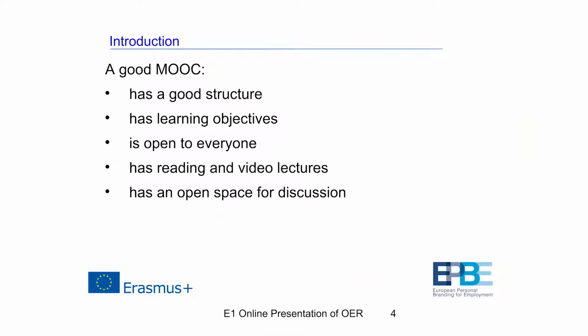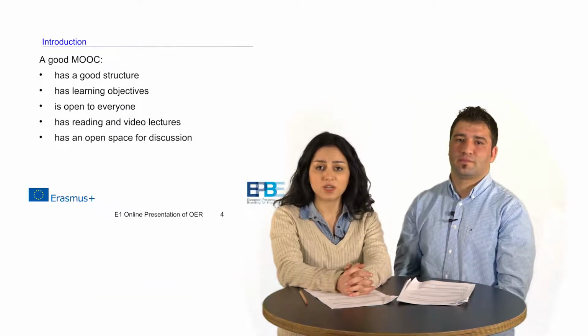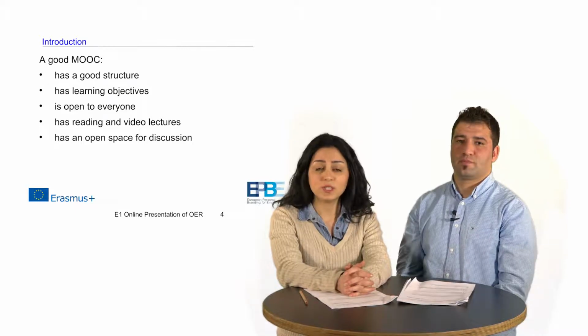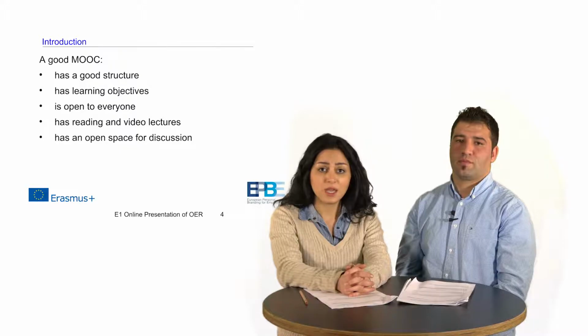A good MOOC has a good structure, has learning objectives which include readings, discussions, assignments and quizzes, is open to everyone, has reading and video lectures, has an open space for discussion.